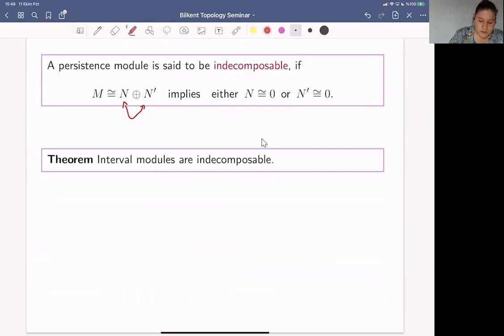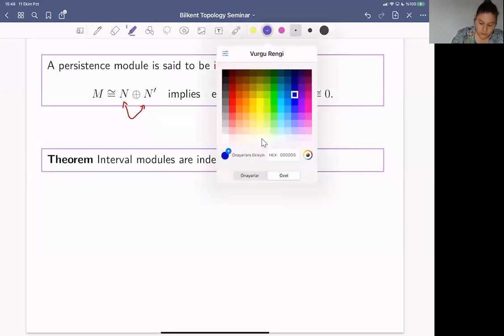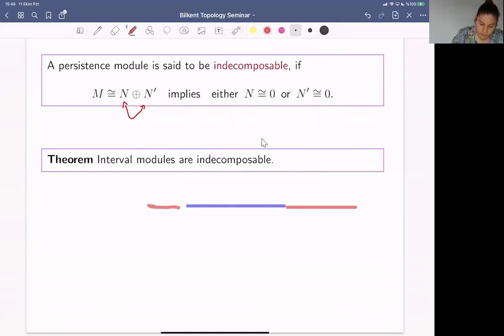So if you consider any interval module, everything is the field K if you are inside of this interval, and outside everything is zero. This interval module is indecomposable.